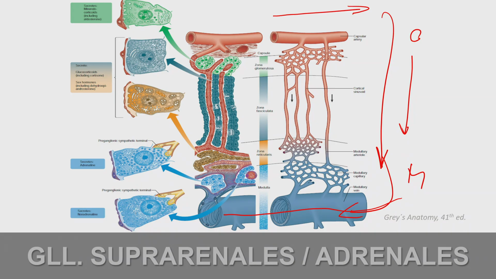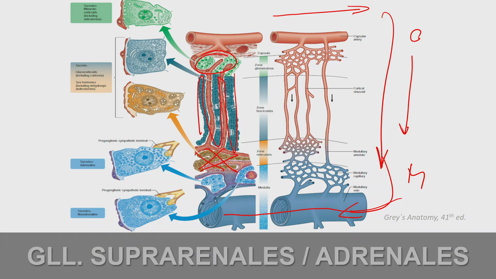And we have several zones. Zona glomerulosa, fasciculata, and reticularis. Glomerular zone is producing aldosterone, mineralocorticoid.